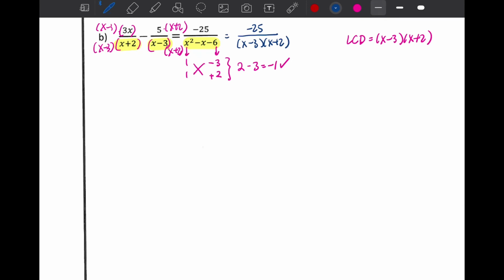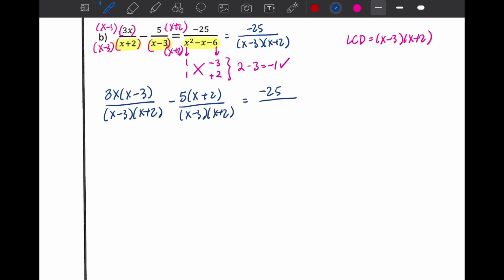Let's rewrite. 3x times x minus 3 all over x minus 3 times x plus 2 minus 5 times x plus 2 all over x minus 3 times x plus 2 equals negative 25 over the common denominator. Now that we have a common denominator, we can multiply the entire equation to remove the fraction.